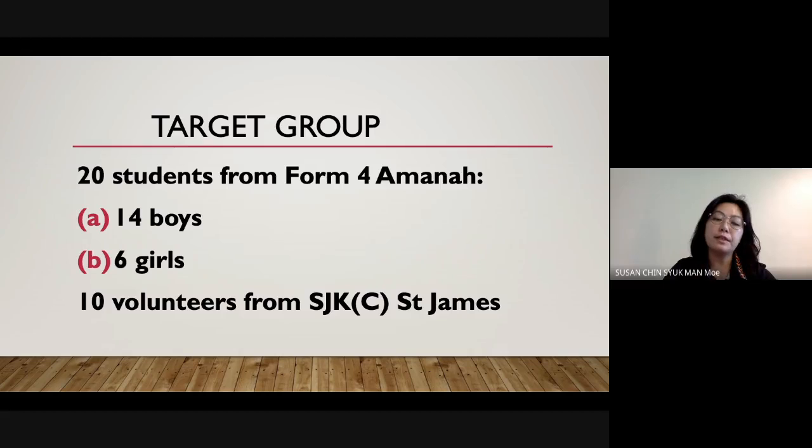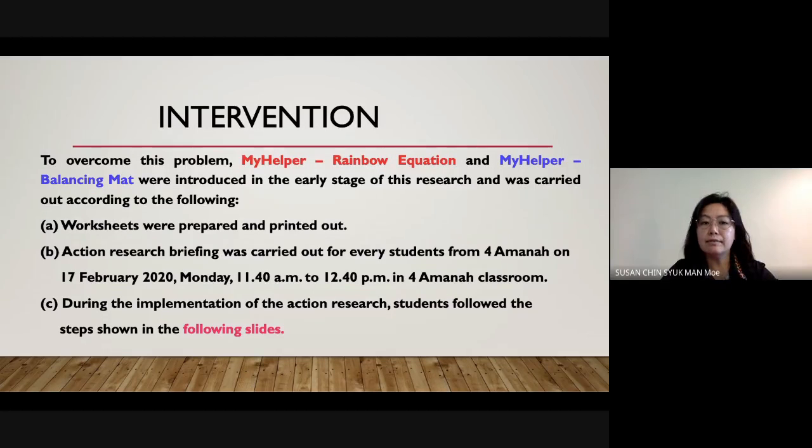The difference between the target group students is that my Form 4 students have to complete 10 equations, and the 10 volunteers from primary 3 to primary 6 only need to do any 5 balancing equations.